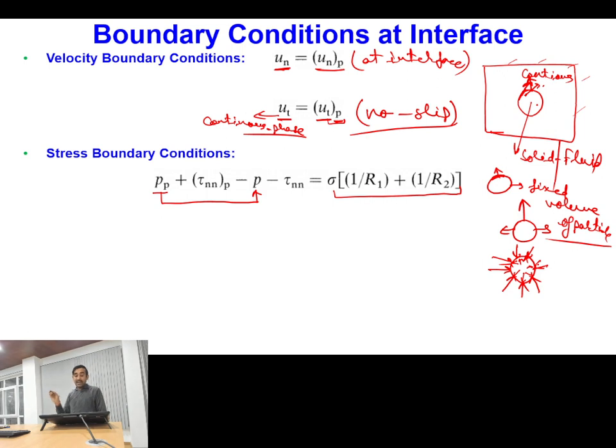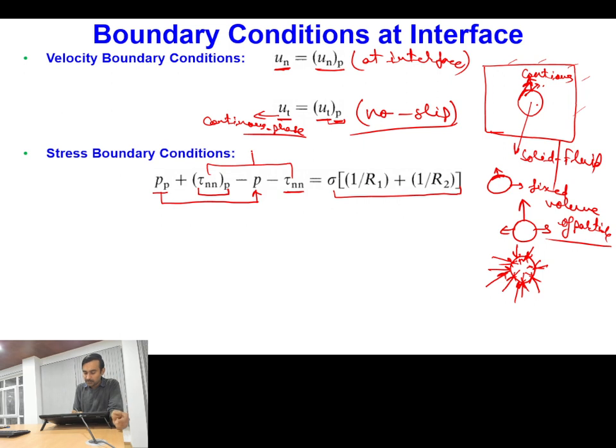So now we have normal viscous stresses, and these will also act normal to the boundary. Is this point clear? So these will act normal to the interface. This tau nn represents the normal stress in the particle, and this is the normal stress in the continuous phase.